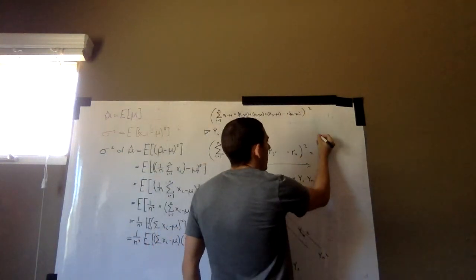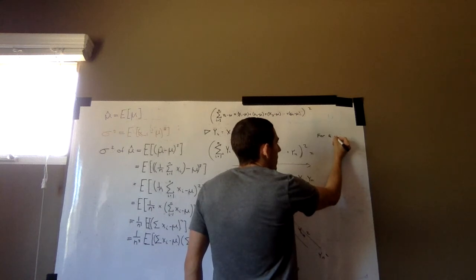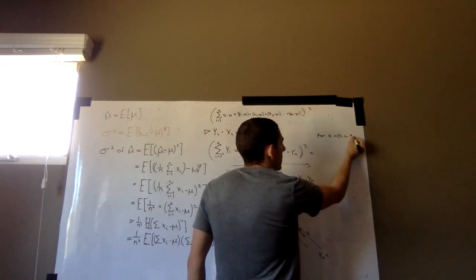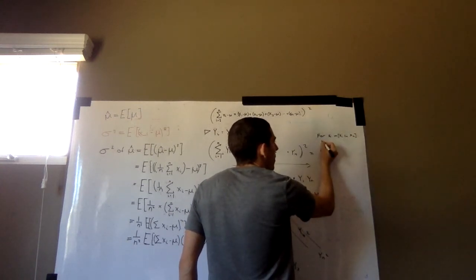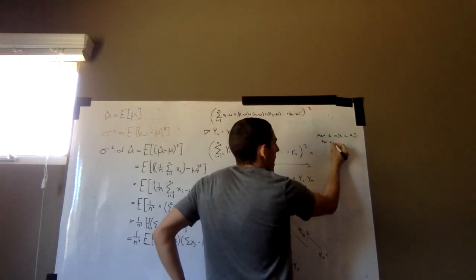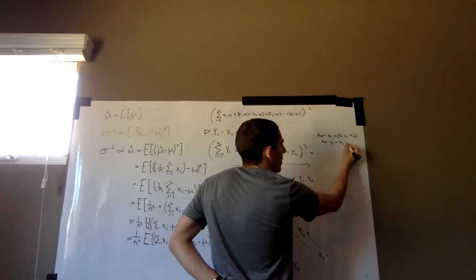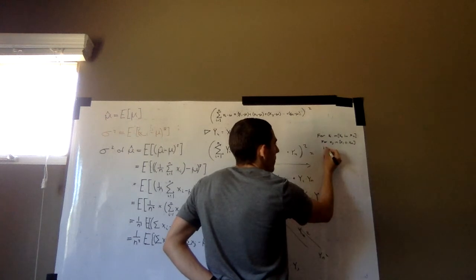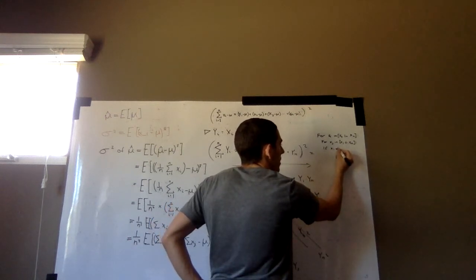The code would be something like: for xi in x1 to xn, and for xj in x1 to xn, if xi is not equal to xj.